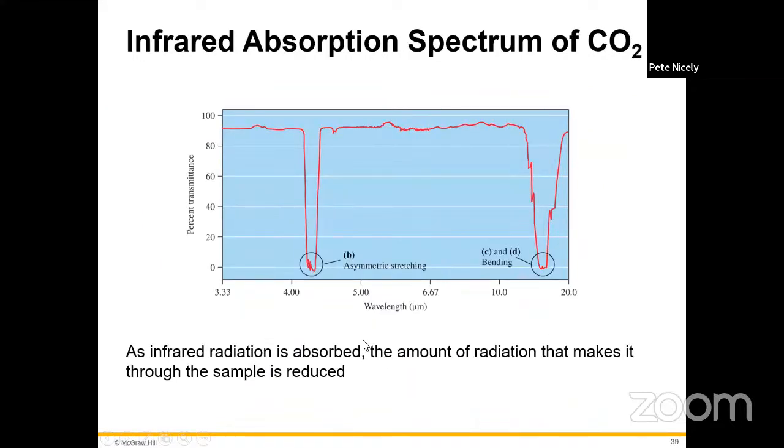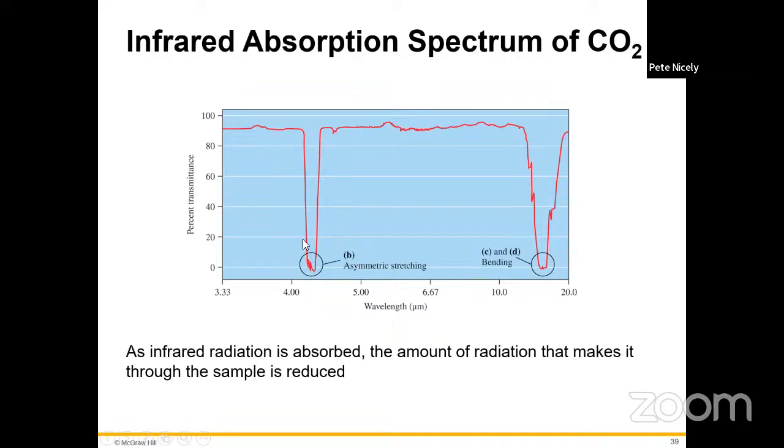And this is just basically showing you a graph which plots percent transmittance versus wavelength in micrometers. And basically where you have the transmittance falling, that corresponds to absorption.